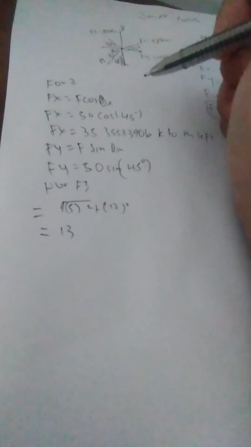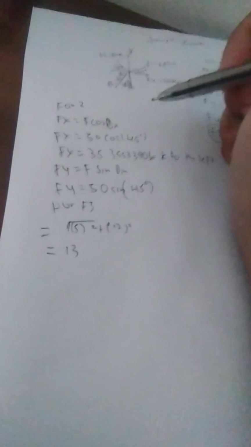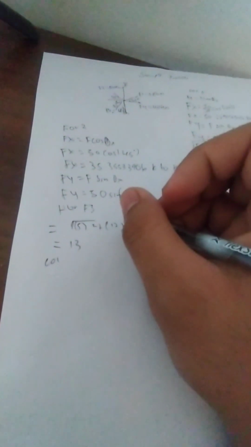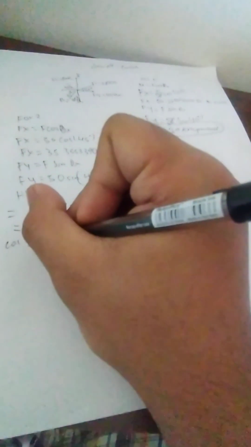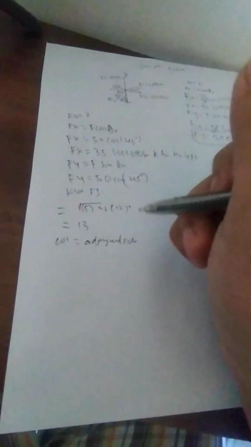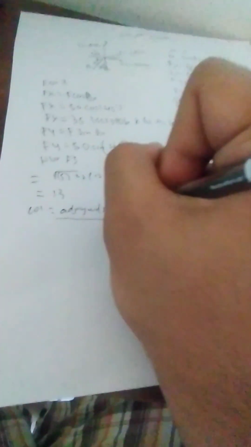So from our formula by trigonometric laws, cosine is adjacent side over hypotenuse.